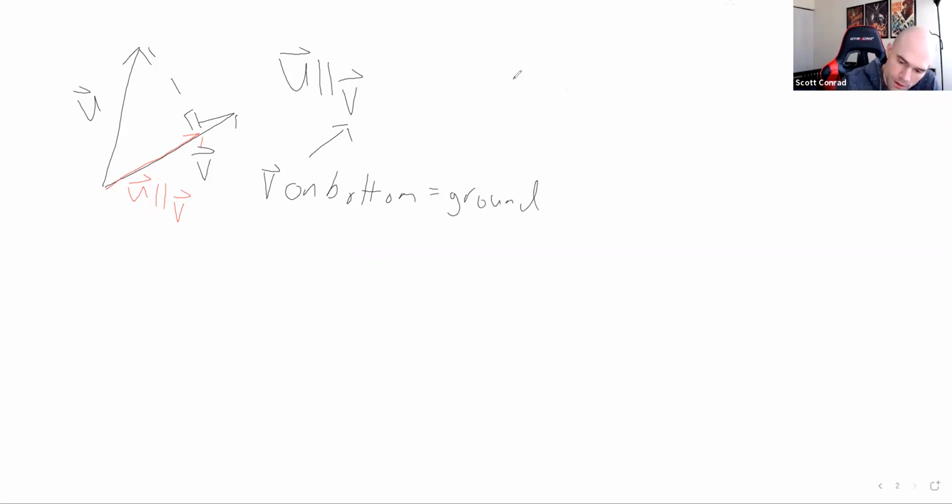So remember that. Okay, so the formula for the projection of U onto V is U dot V over V dot V. That's a scalar, right?